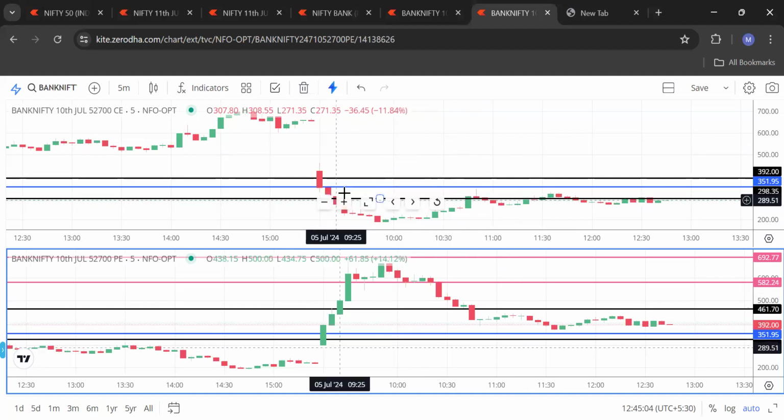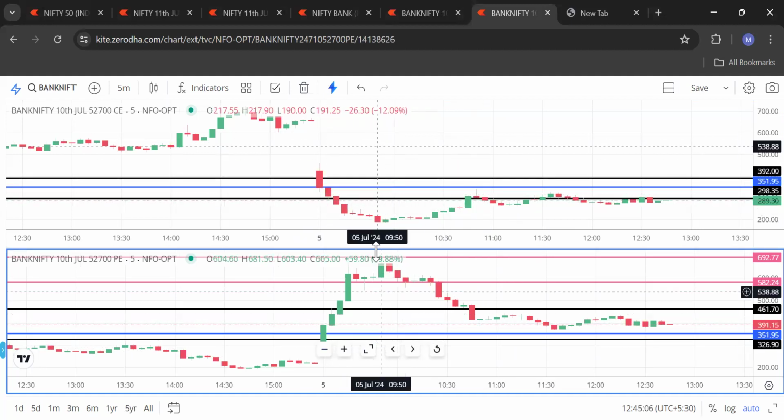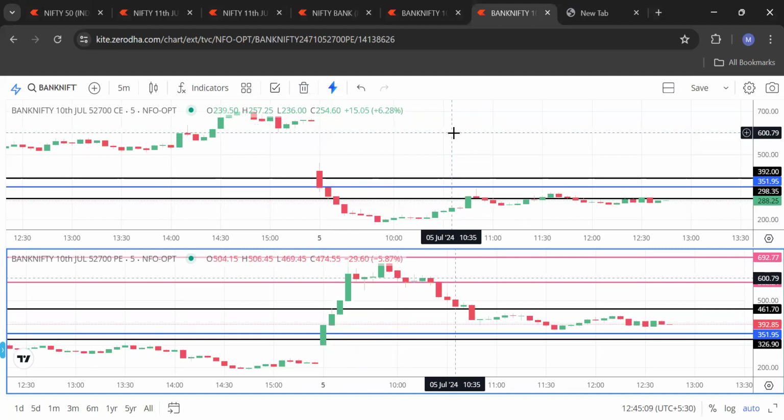Draw the line of SPP in blue, and the conditions are very simple. The one which is going above should be more than SPP, as well as above its midpoint. Midpoint means today's high plus today's low divided by 2. The other one also should fulfill these two conditions. The one below should be below SPP and also below its midpoint.